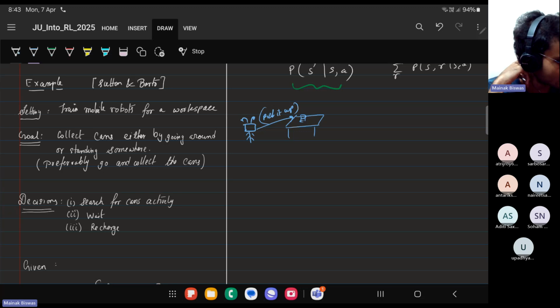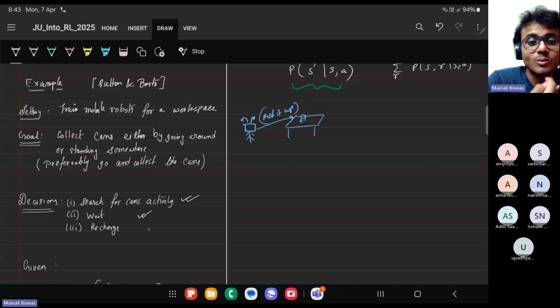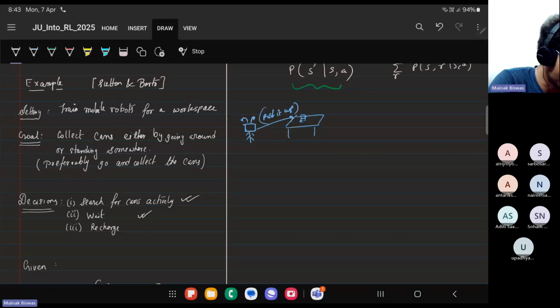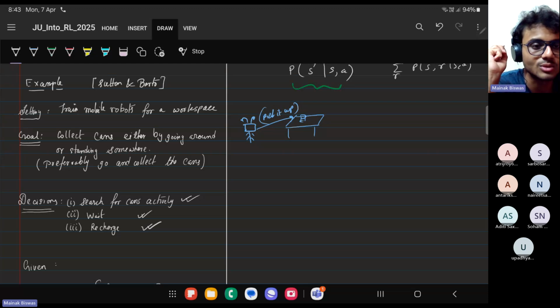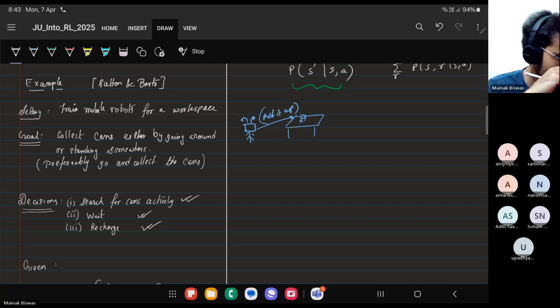Now, it says you have to collect a can by either going around, that is, searching actively around the office. You may have to wait. And since it's a mobile robot, it will have a battery life, or you may have to go and recharge. These are the three possible decisions you will have to take, right? The robot has to take one of these three decisions, that is whether it searches, waits, or recharges.